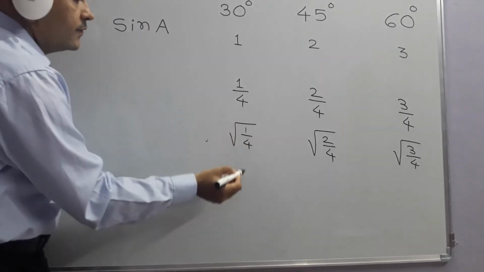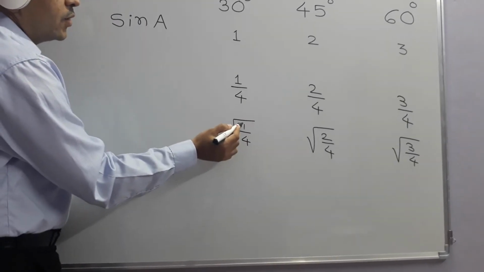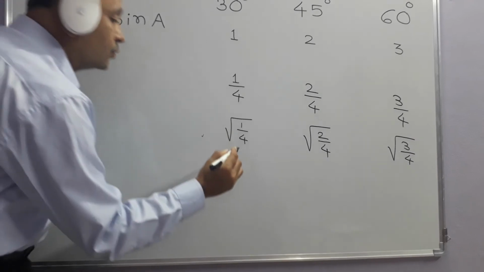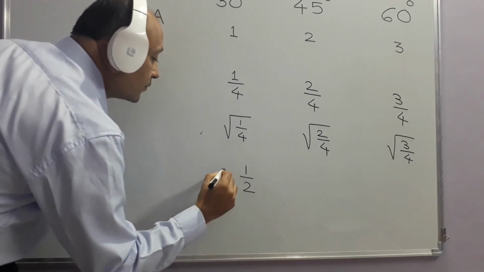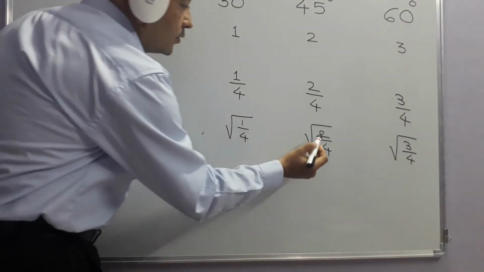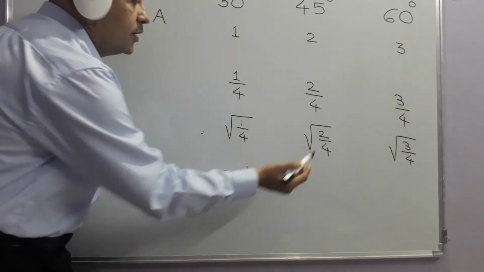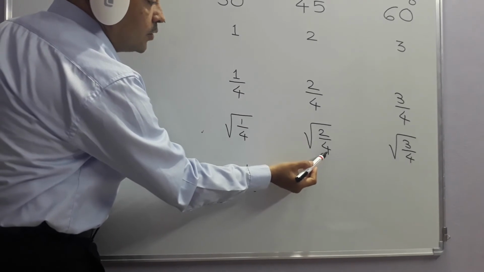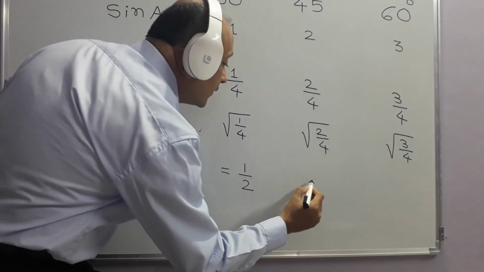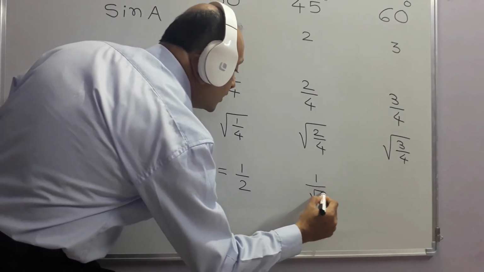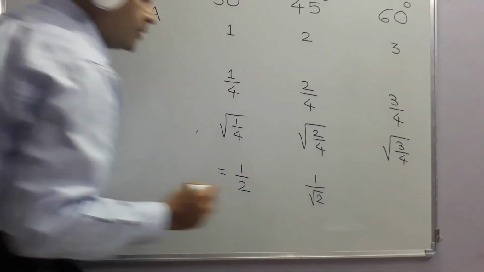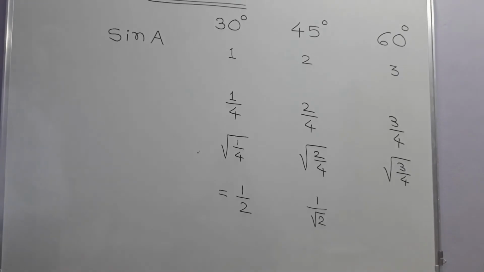So what is the square root of this? Square root of 1 is 1, square root of 4 is 2. So it gives the answer 1 upon 2. So 2 upon 4 can be simplified as 1 upon 2, and the square root of 1 is 1 and the square root of 2 is irrational, so it is 1 upon root 2.